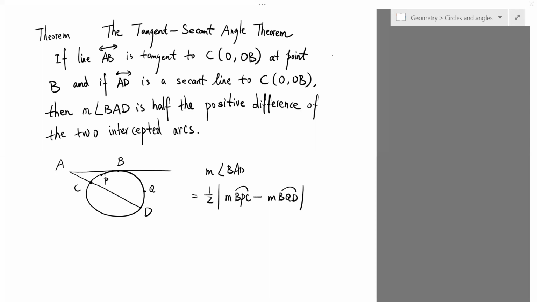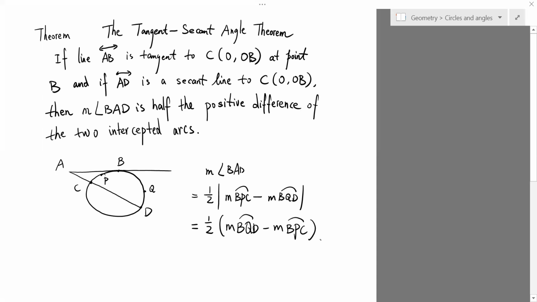Specifically, in our configuration here, the arc BPC is a minor arc, and the arc BQD is a major arc. So this absolute value is going to be equivalent to the measure of BQD subtract the measure of BPC.